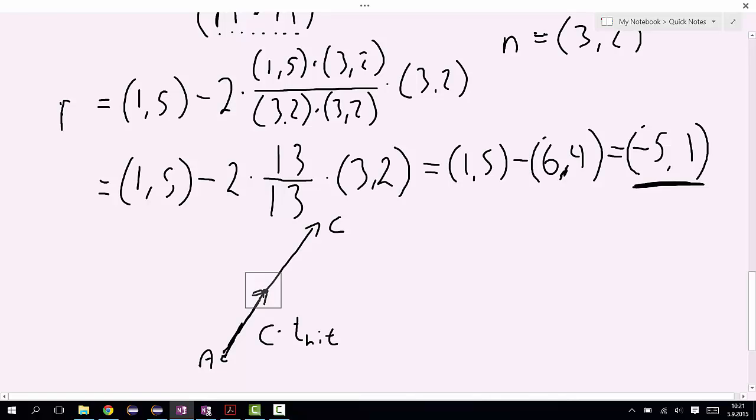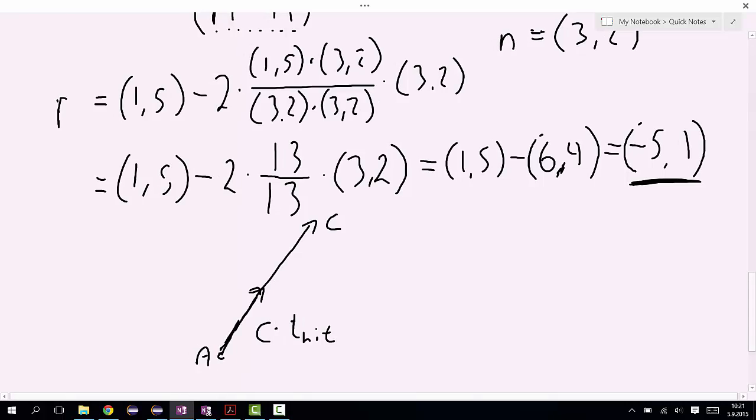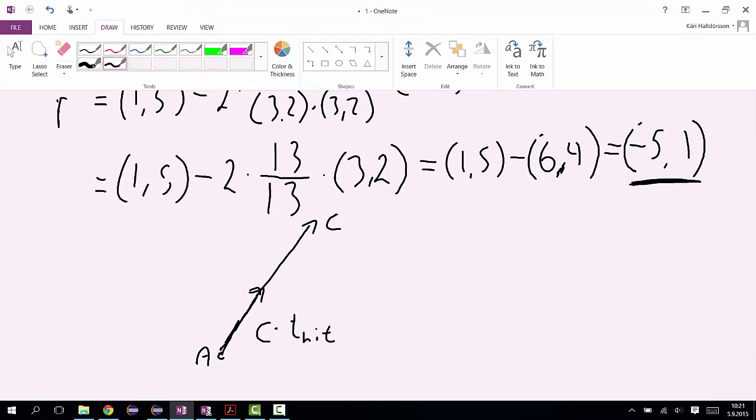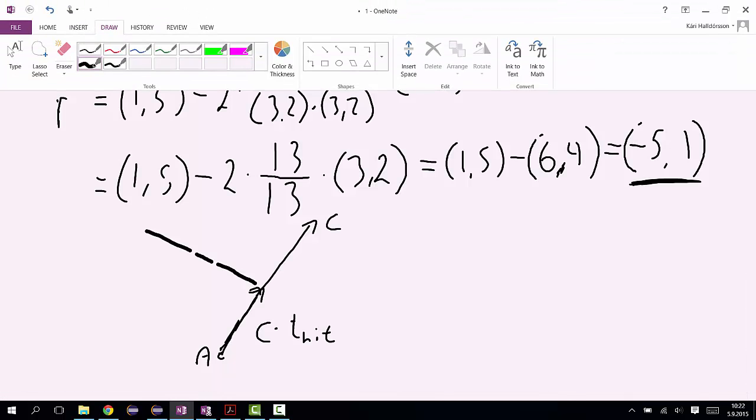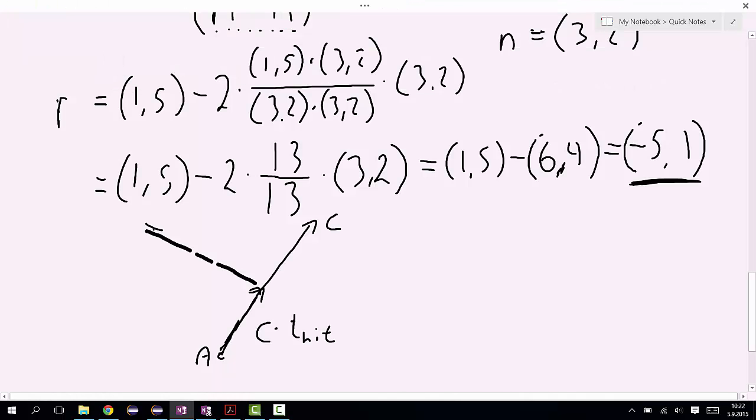Then it needs to change directions and say the new vector is now this vector here, which is now the new vector c.